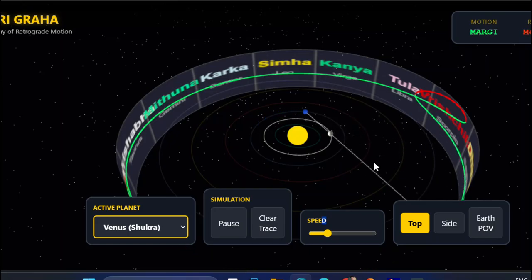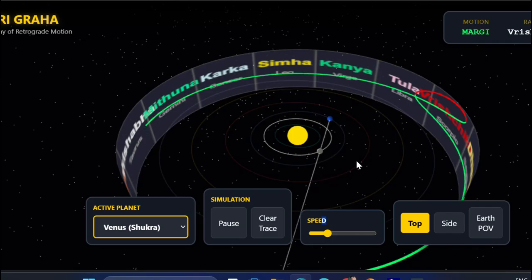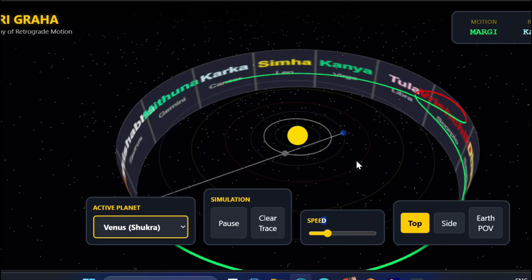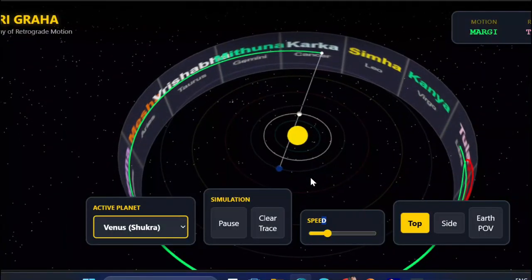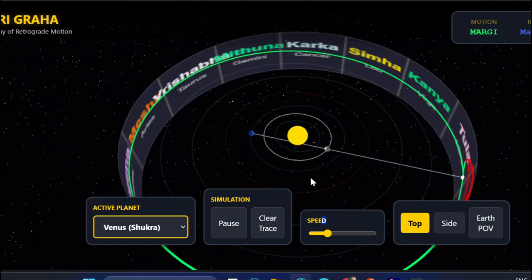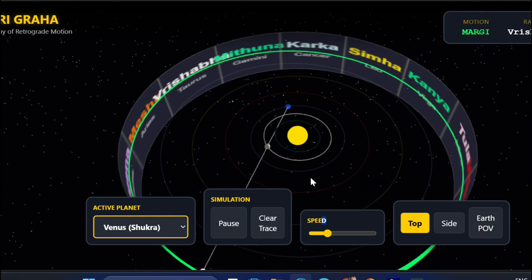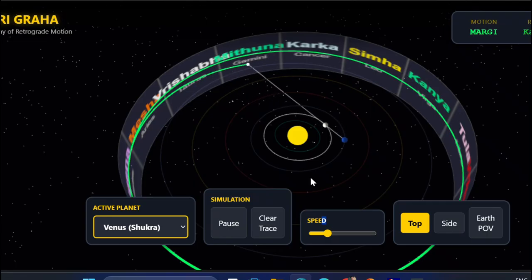It takes too long to become retrograde because the speed of Venus and the speed of Earth are quite close. The same is the case with Mars. Mars also doesn't get retrograde very easily. So the farther away the planet is from Earth, the more retrograde motion you will observe.